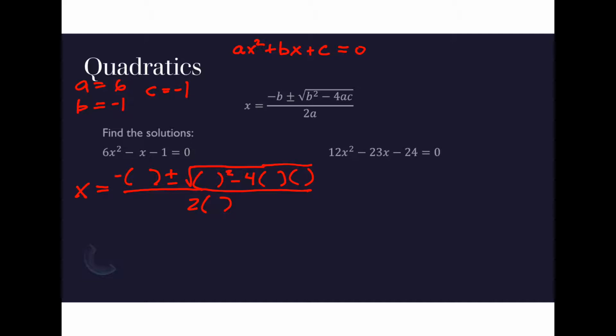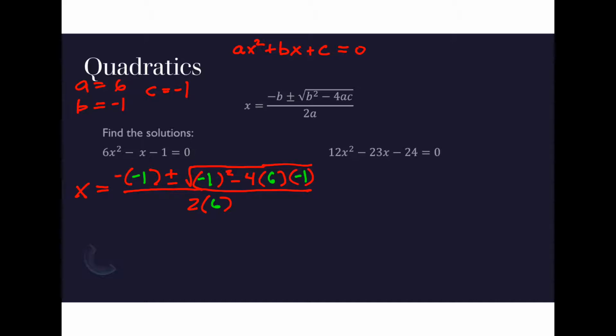And plugging in my values here, I've got negative b, so negative 1, and then we have negative 1 squared minus 4 times a, which is 6, times c, which is negative 1, and then over 2a, which is 6.